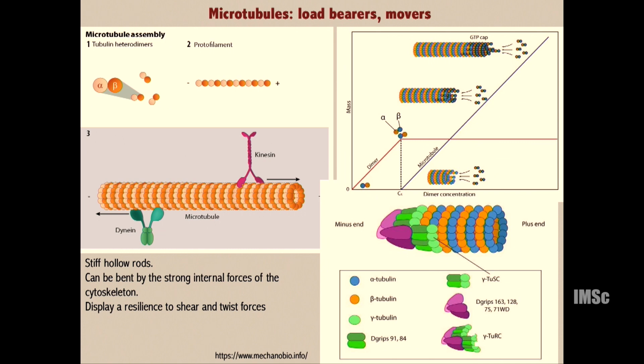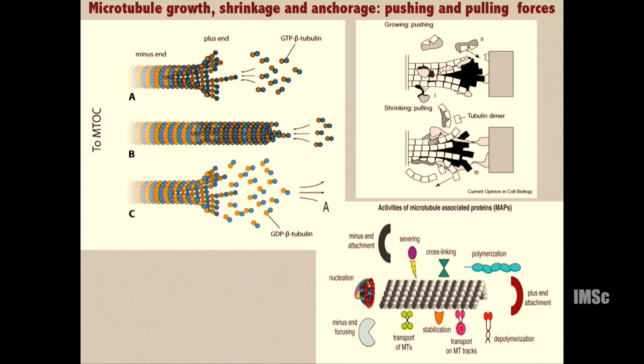Microtubules are also polymers that work with a different class of motors, but unlike actin, they're stiff hollow rods and they can't be easily bent. And so this property allows them to help a cell resist compressive forces.